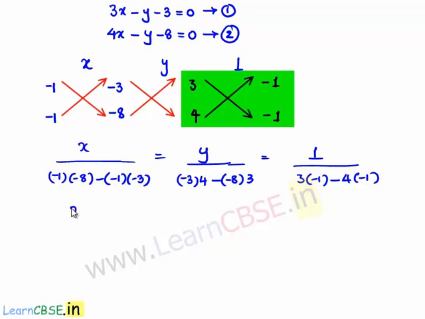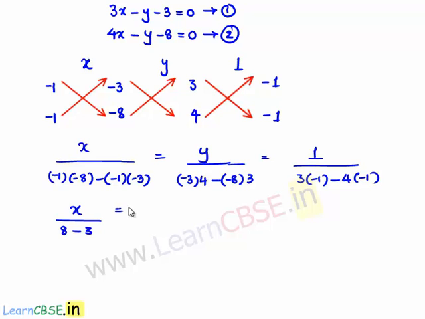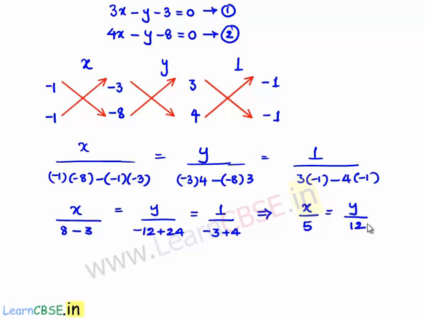So this can be written as x divided by 8 minus 3 is equal to y divided by minus 12 plus 24 is equal to 1 divided by minus 3 plus 4. That implies x divided by 5 is equal to y divided by 12 is equal to 1 divided by 1.